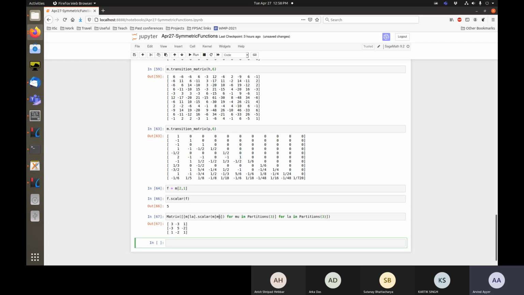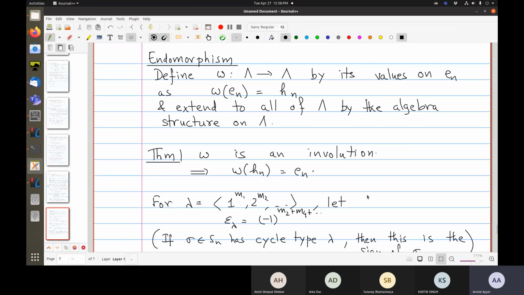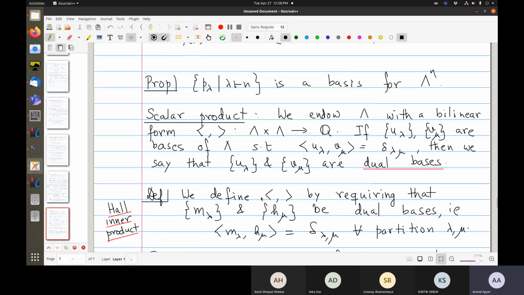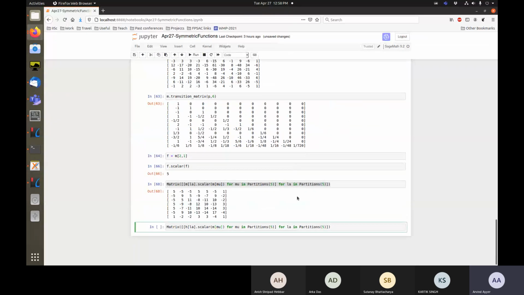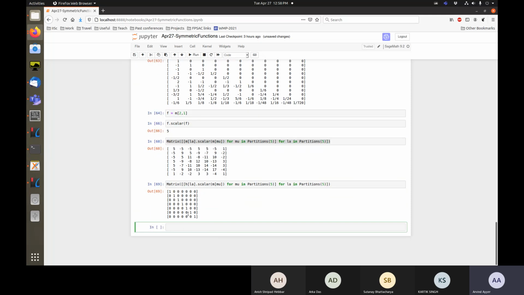So here's how it looks. This is for the monomial basis, but one can check the defining property, which you remember: m lambda and h mu are orthogonal. So now you can see that this gives the identity matrix. This was the definition.